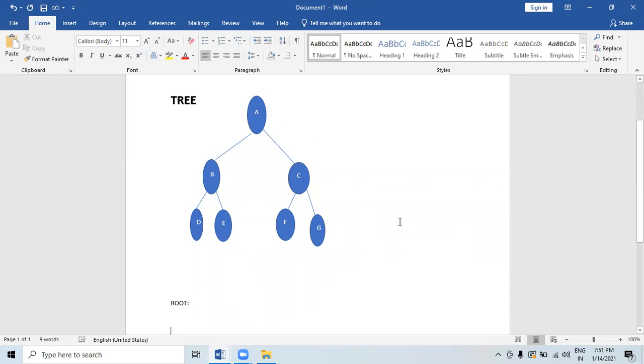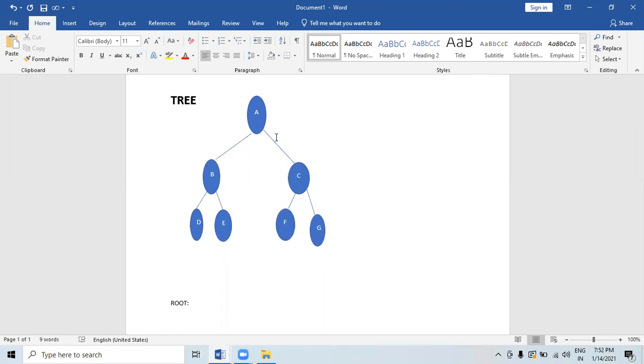In a tree data structure, the first node is called the root node. In the tree, whichever is the first node of the data structure, we call it the root. Every tree must have a root node. The root node is the origin of the tree data structure.